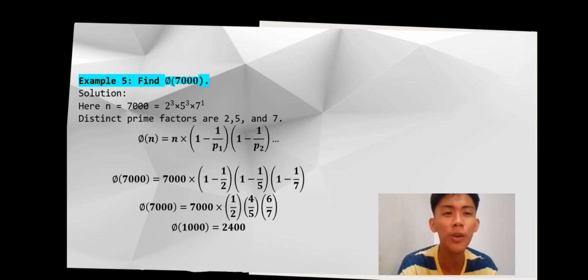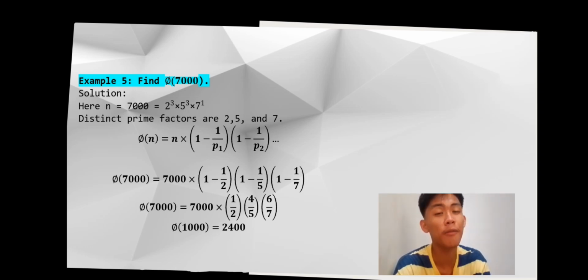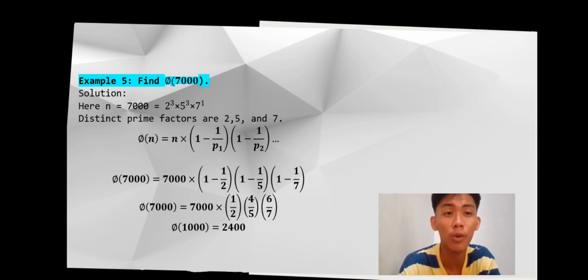The first thing we need to do is to find the prime factorization. The result will be 2 cubed times 5 cubed times 7 to the power of 1. Now our p sub 1 here is 2, our p sub 2 is 5, and our p sub 3 is 7.